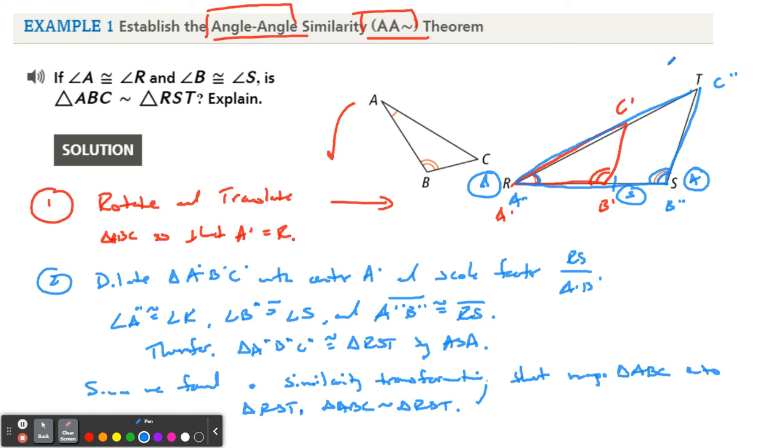And this right here establishes the angle-angle similarity case, the angle-angle similarity criterion for similar triangles.